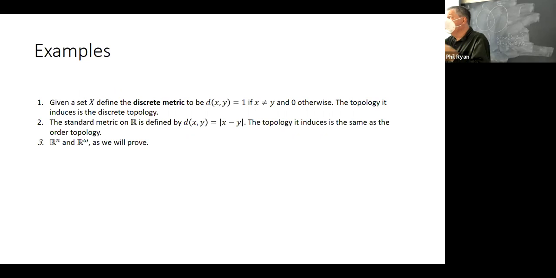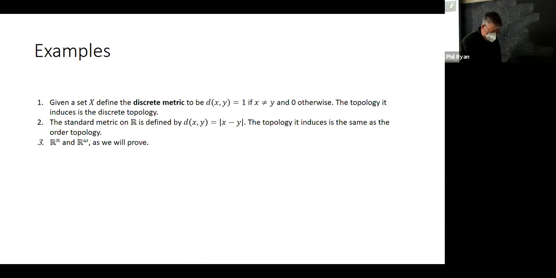Well, that's because the balls are open intervals. So it's the same basis in both topologies. And so for the rest of class, we're going to show that R^n and R^omega are also metric topologies.